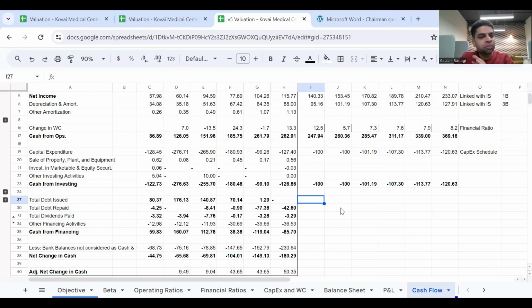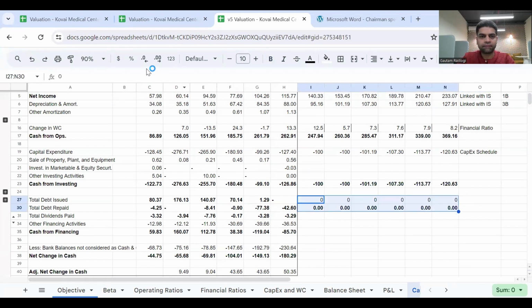For a moment, let's assume no debt has been issued and no debt has been paid.